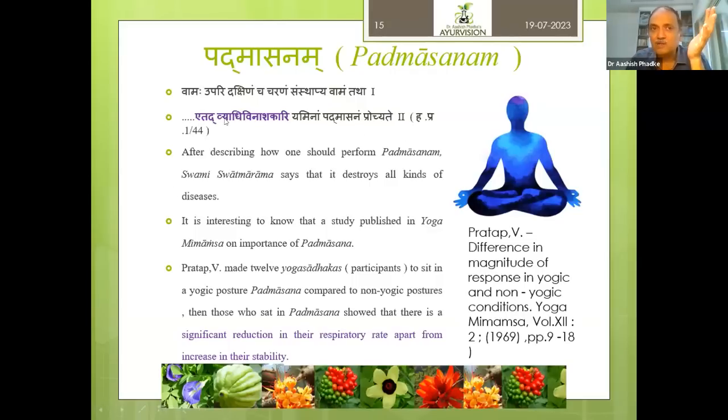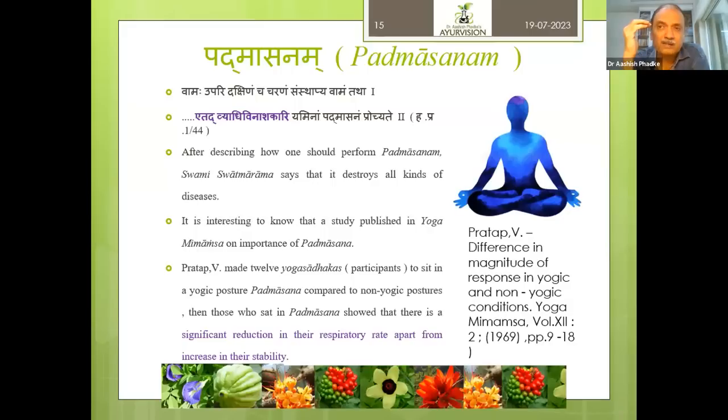Now, why have they mentioned Vyadhi Vinashakari? What is the benefit of this Padmasana? Why is it to be understood as being of such importance? Please understand that this takes a triangular shape and the base is wider. When a person sits, he can sit still and focused, and your spine and your skull get placed in such a way that it is completely stable.